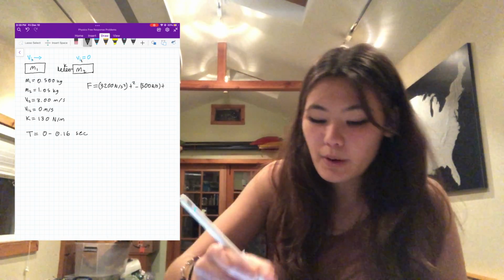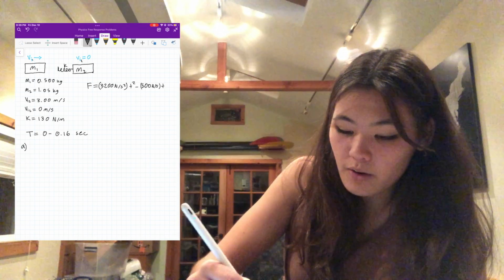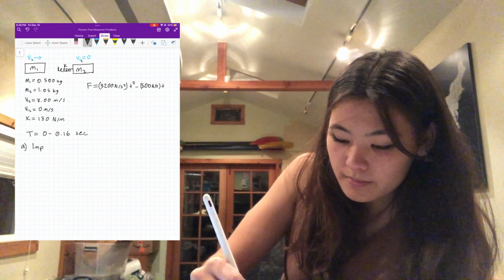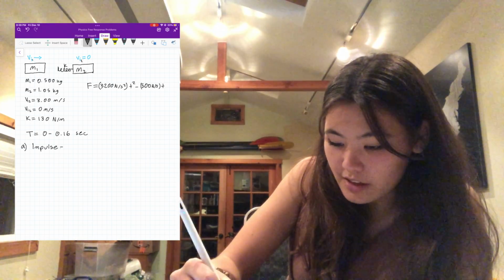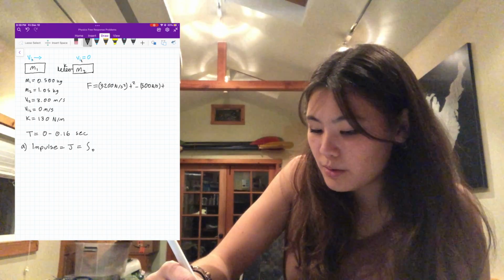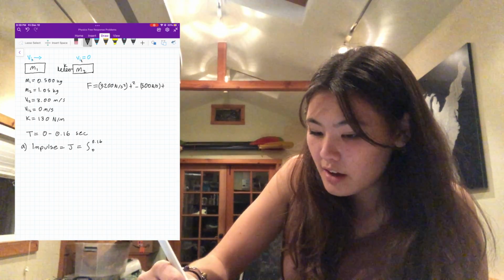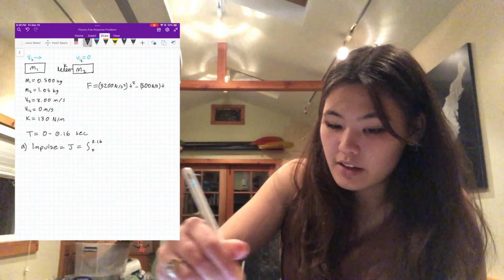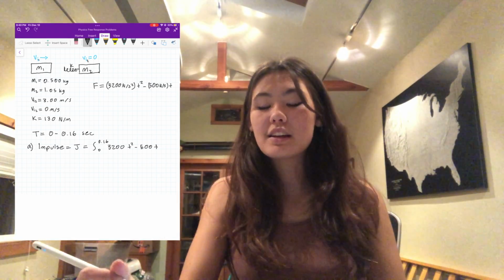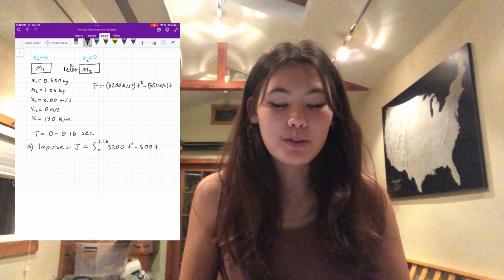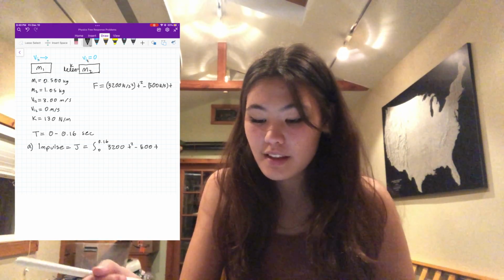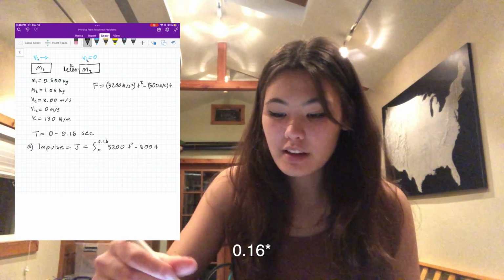And so for question A, we can go ahead and say that impulse, which is equal to J, is equal to the integral from 0 to 0.16 of this equation here. And assuming that those watching know how to do integral calculus, we can just go ahead and take the integral of this and then evaluate it from 0 to 0.16.